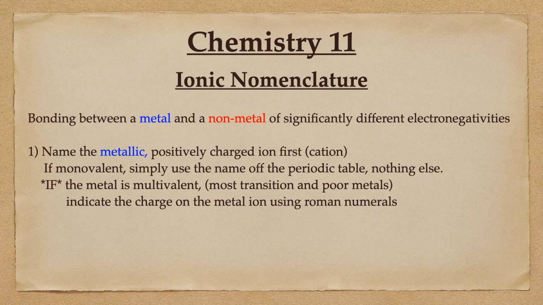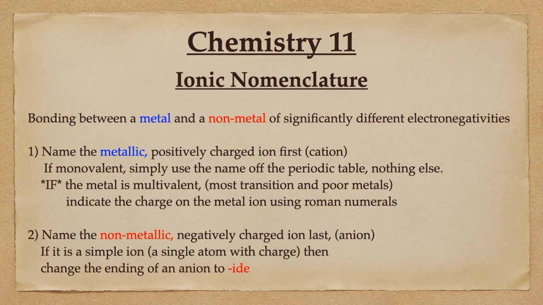The cation is always named first, and if it is monovalent, has only one possible positive charge, then we simply use the name off the periodic table, nothing else. If the metal, however, is multivalent, which does apply to almost all the transition metals and the poor metals, then the charge on that metal ion must be indicated using Roman numerals.